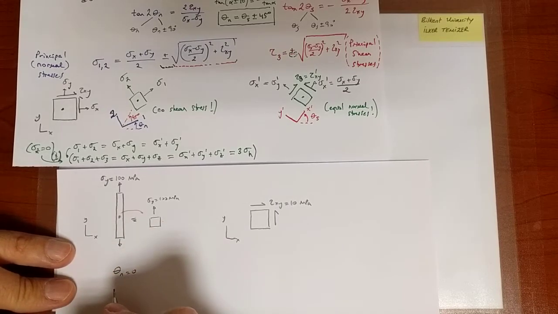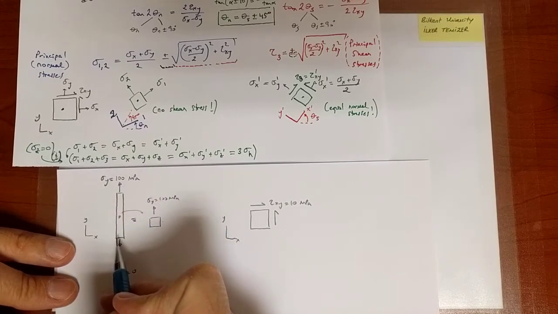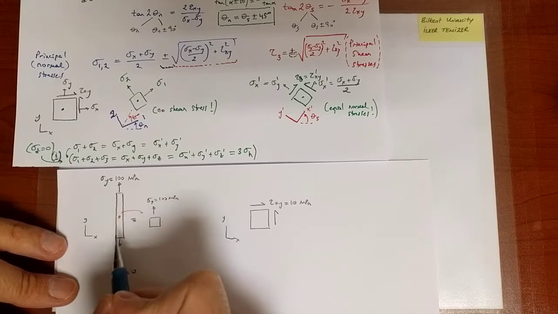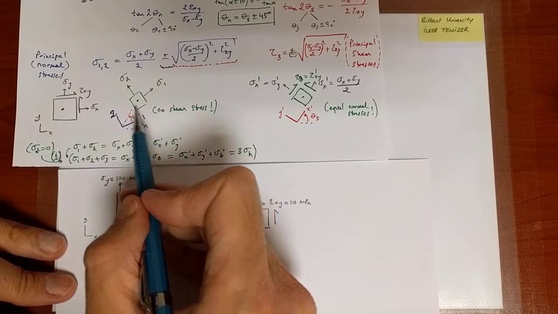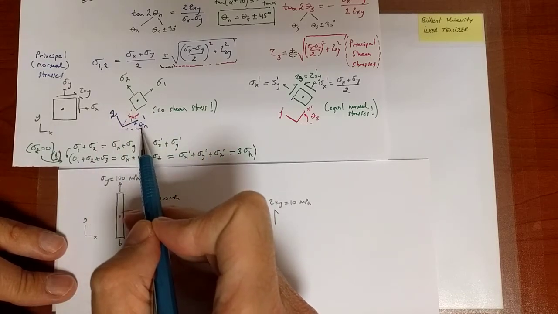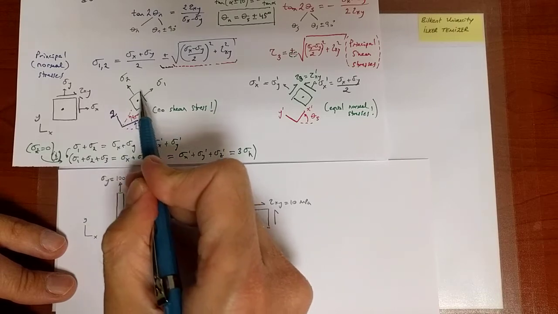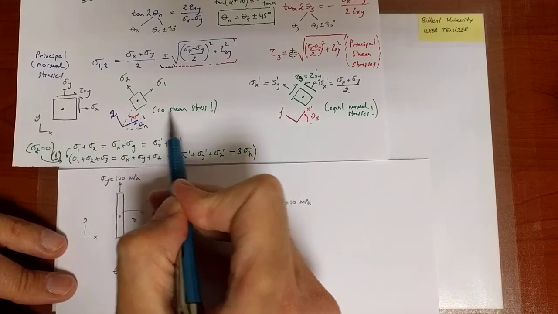Well, that's no surprise because the loading is already equivalent to a principal state of loading. How do I know that? We have to go back and remember what is special about the principal normal directions. What is special is that on the orientation associated with those principal normal directions, there is no shear stress.